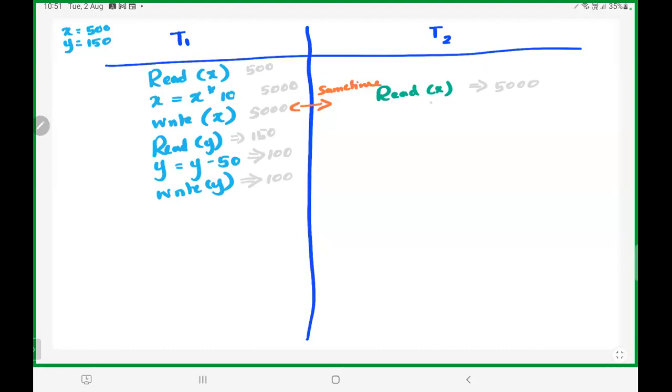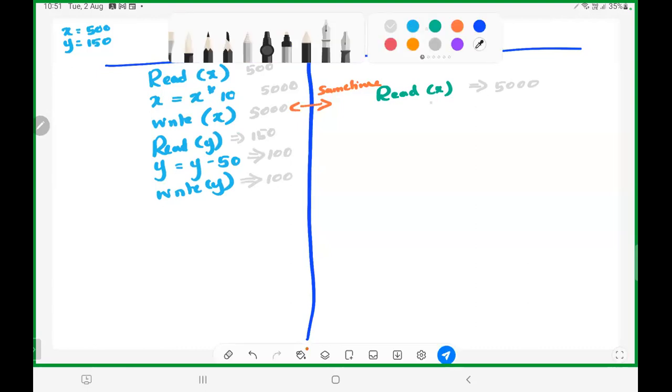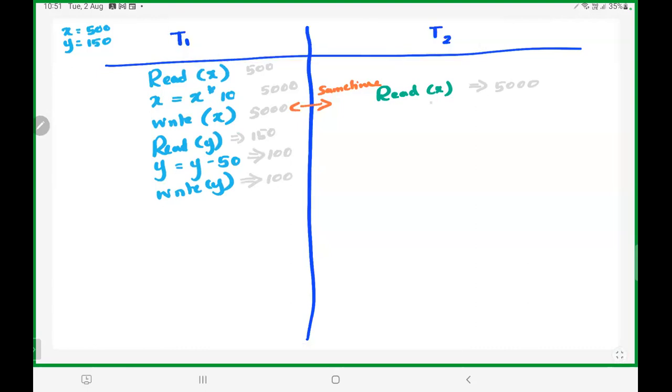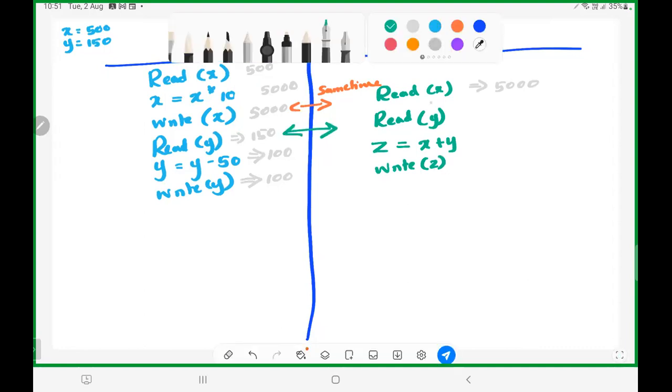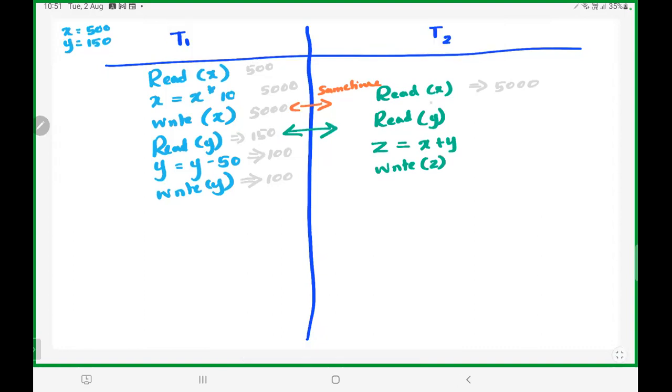At the same time, T2 also writes on this side. Read Y. And they will create a new value X plus Y. Then they write Z. At the same time they read Y. Then the Y value is not changed.